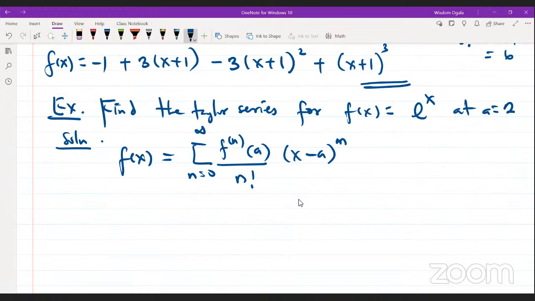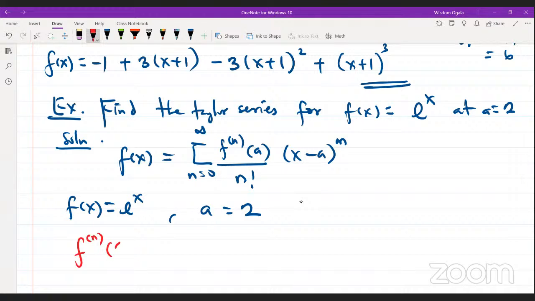All right. So what do we do in this case? I know that my f of x equals e to the x and my a is 2. Now, but the exponential function is special. If you keep differentiating e to the power of x, it's really going to be the same thing. Okay, so this is what we do. So what is going to be f to the n of 2?